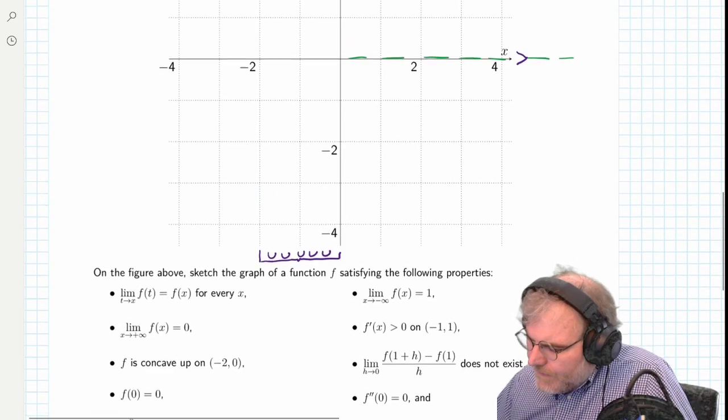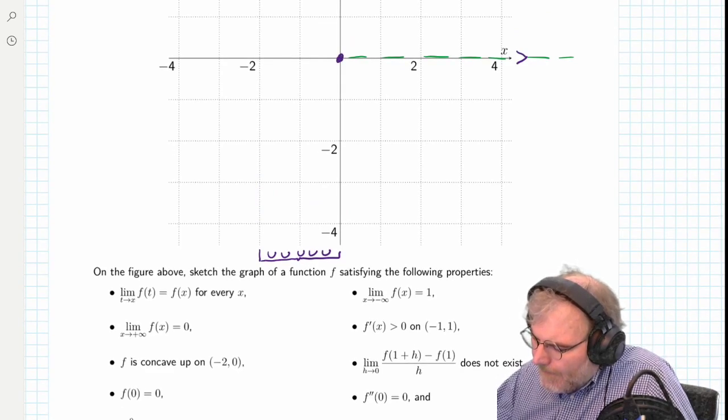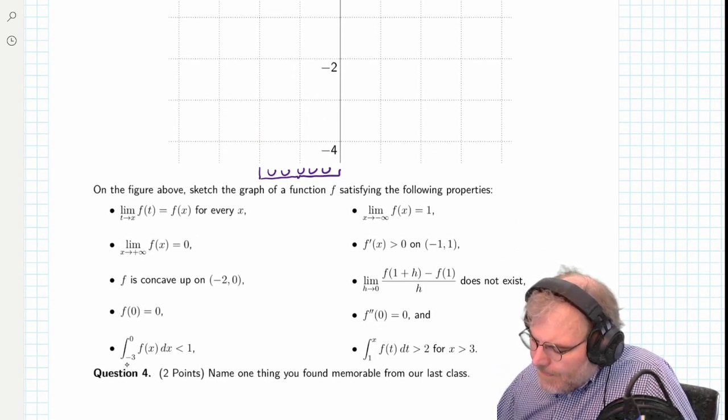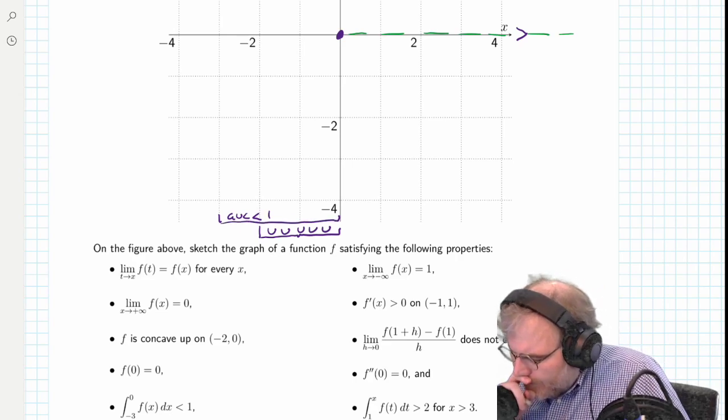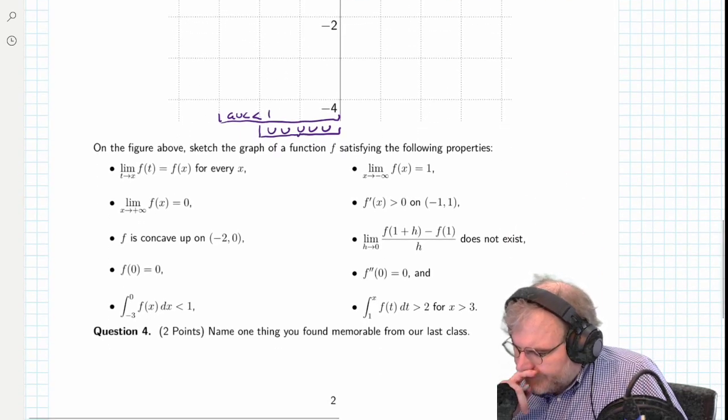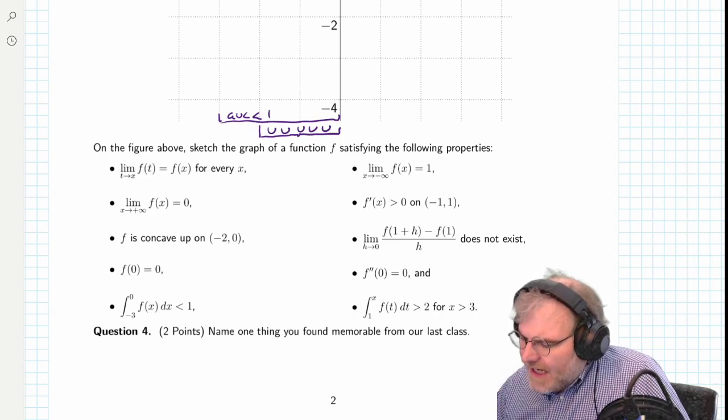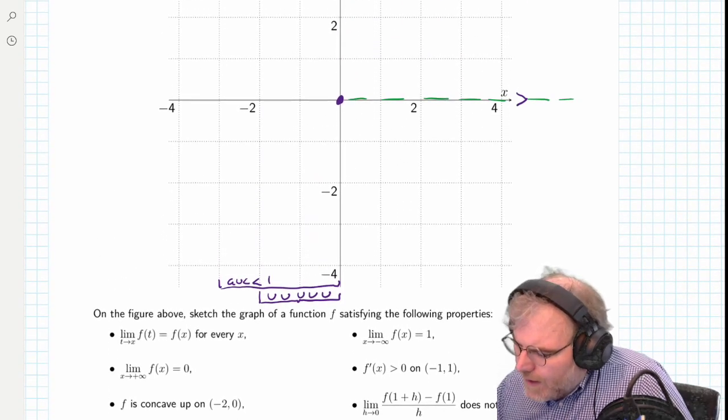F of 0 equals 0. The area under the curve from negative 3 to 0 is less than 1. Oops, it's got to go all the way to 0. The limit as x goes to negative infinity is 1.